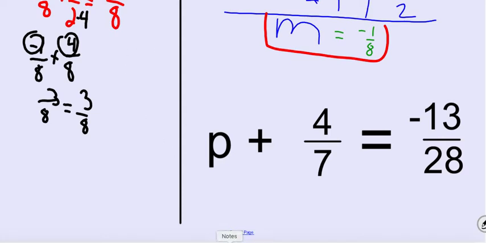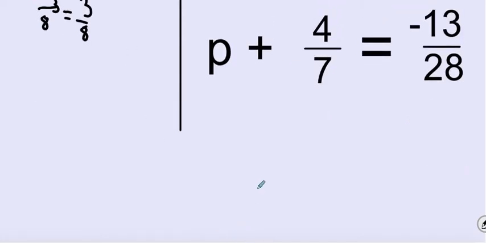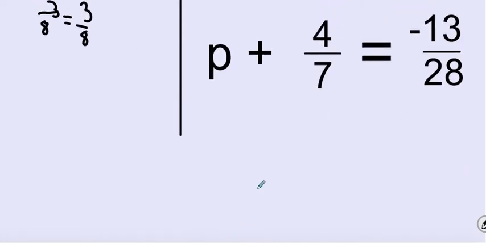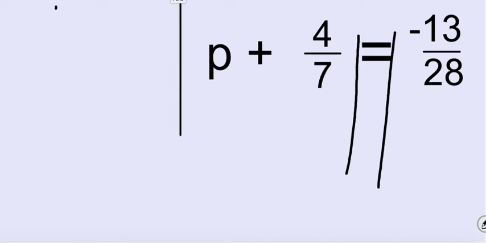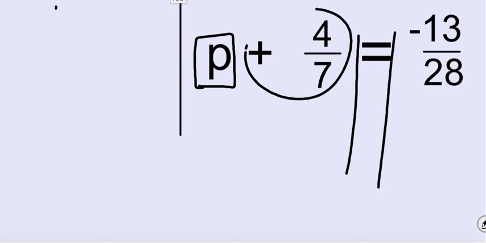Again, go ahead, try this problem here, pause it, and then come back and see the answer. The first step that you're going to want to take for that problem is to do your railroad tracks. I'm then going to ask myself, what am I solving for? And I'm solving for P. What's bothering it? Is this positive 4/7?